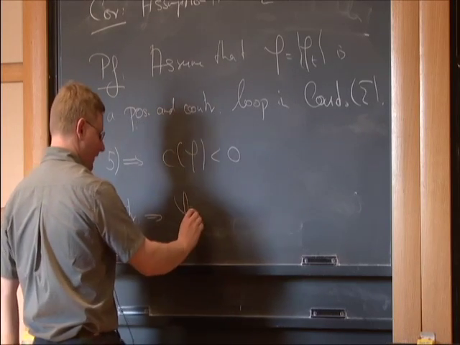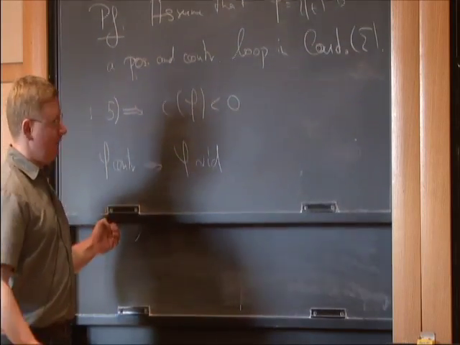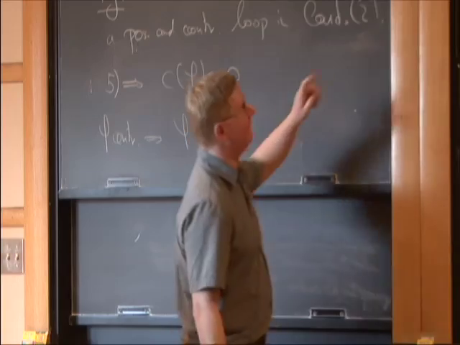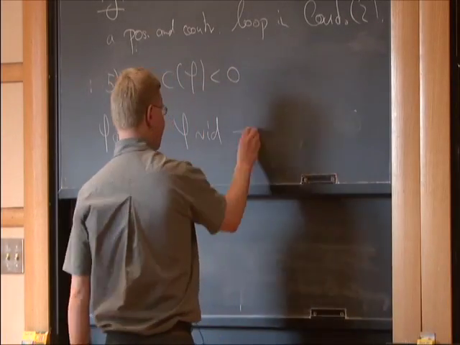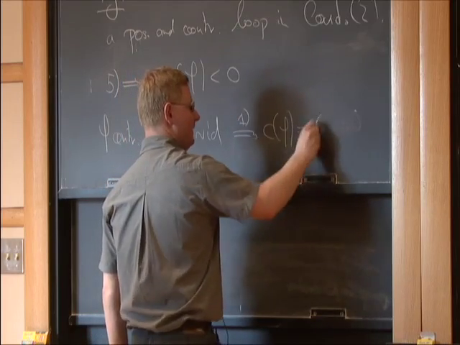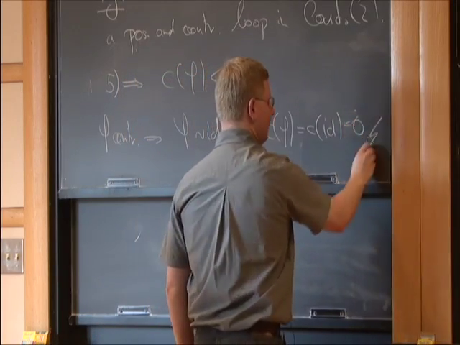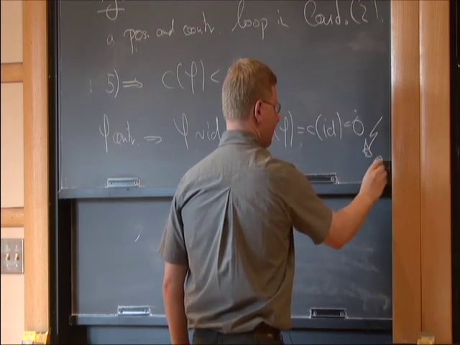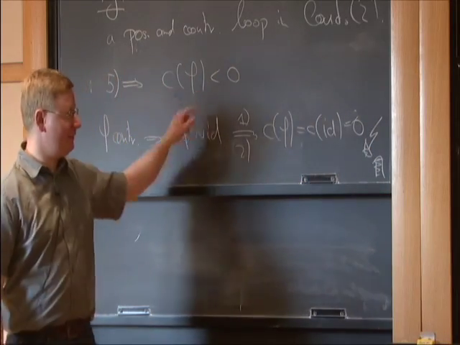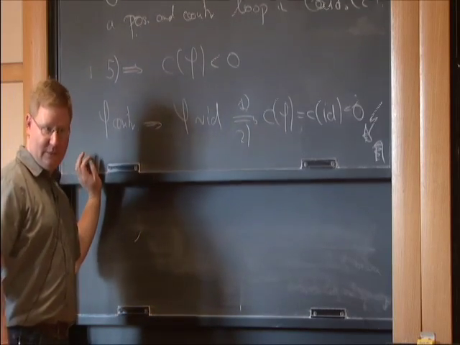That just means phi is equivalent to the identity as a loop, where this equivalence relation is precisely the equivalence relation of 1. So by 1, C of phi is C of the identity, and then by 2, this is 0. This is a contradiction: C of phi is strictly negative, and C of phi is 0. So it has to be orderable. Such a loop cannot exist.